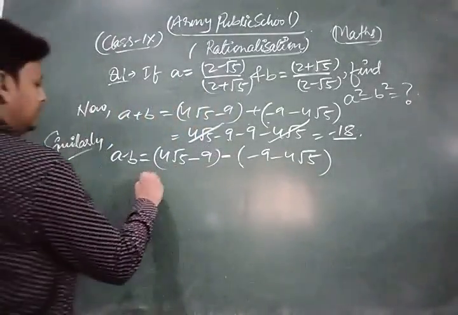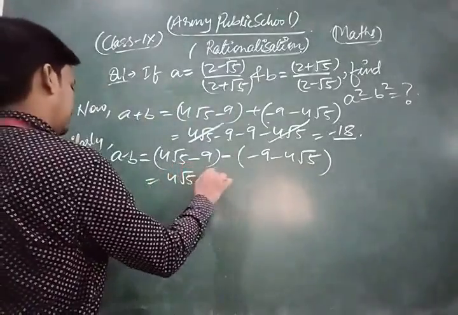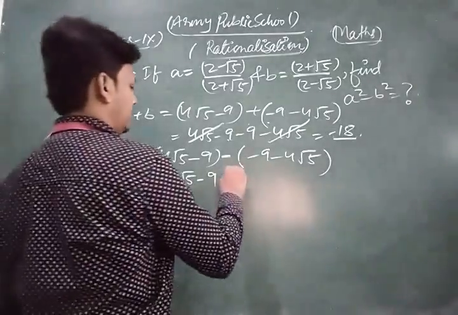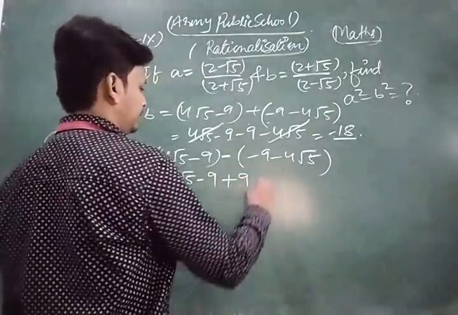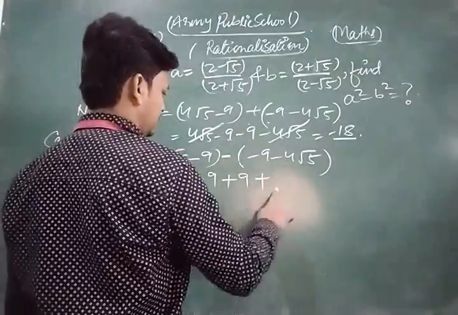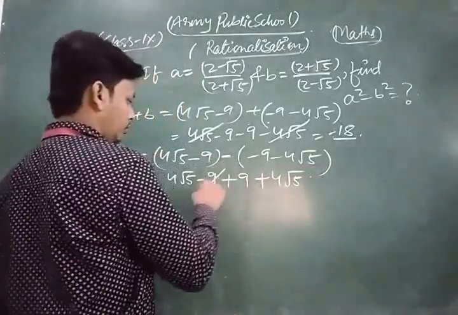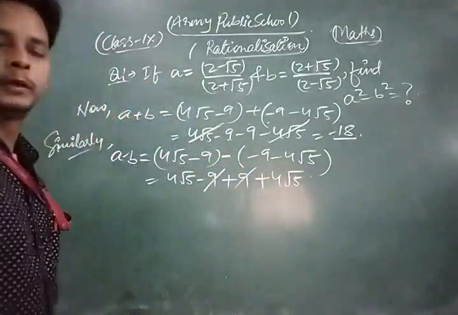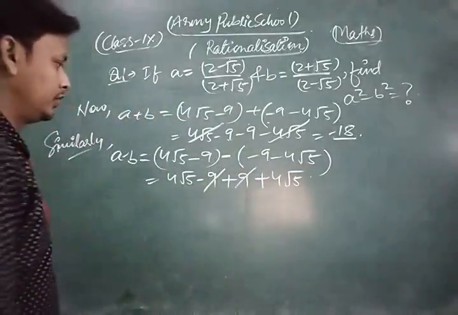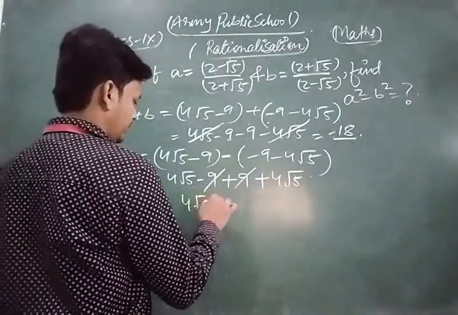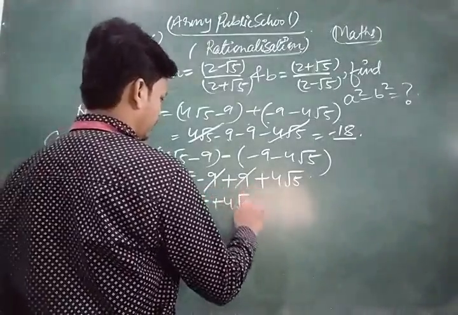So we get 4 under root 5 minus 9 plus 9 plus 4 under root 5. The minus 9 and plus 9 cancel each other. So we get 4 under root 5 plus 4 under root 5.